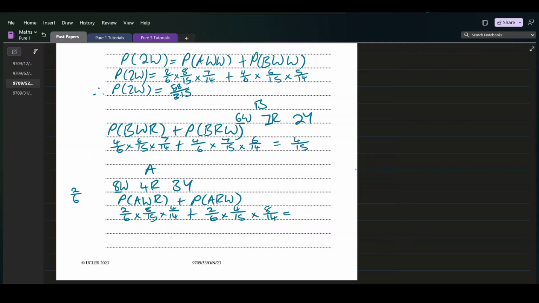That's 2/6 times 8/15 times 4/14 plus 2/6 times 4/15 times 8/14, and that gives us 32/315.